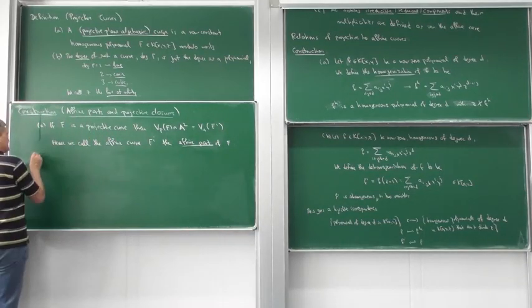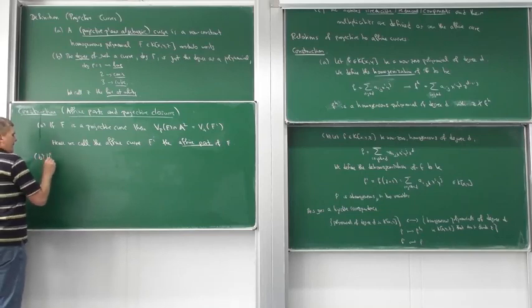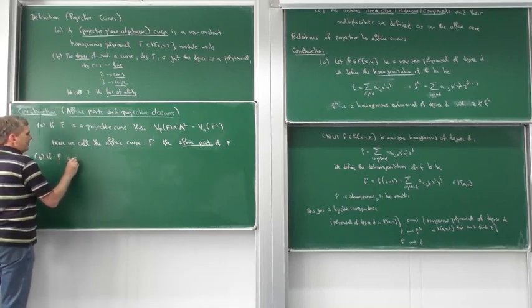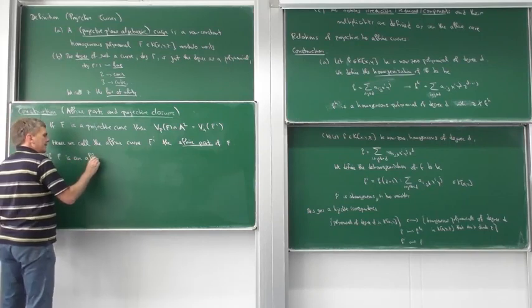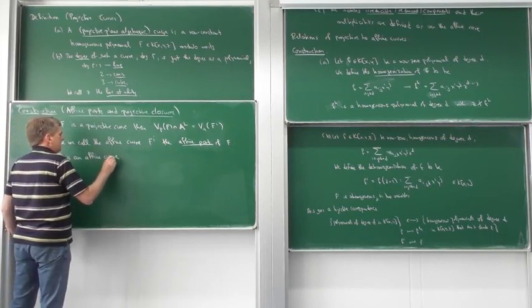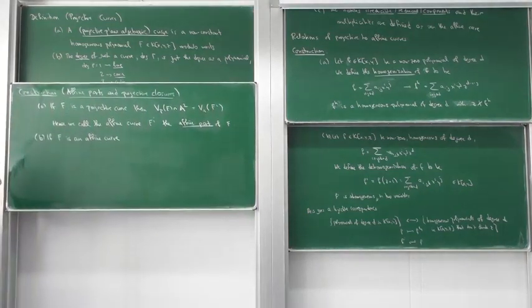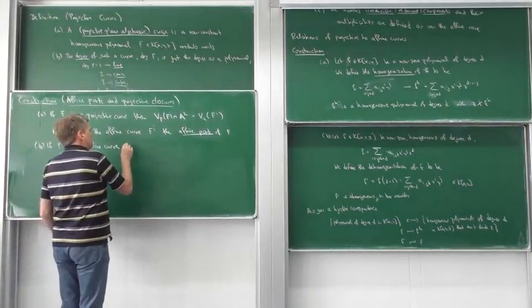The other way around, if we start with an affine curve, so if capital F is an affine curve, meaning a possibly inhomogeneous polynomial in two variables, then we do the opposite thing.